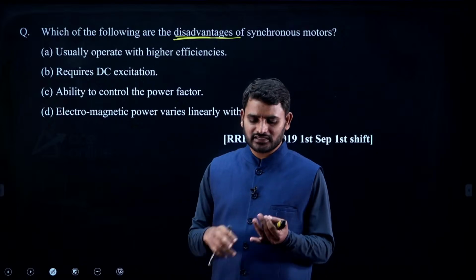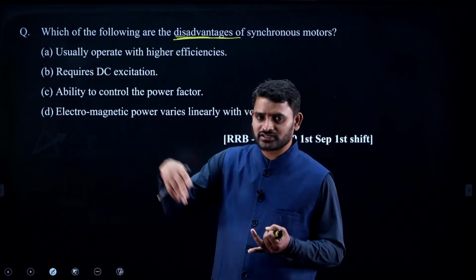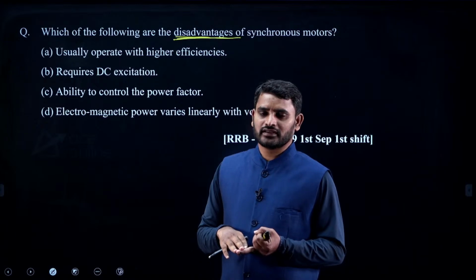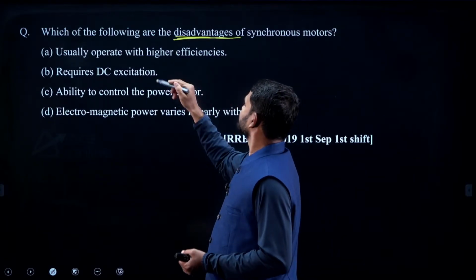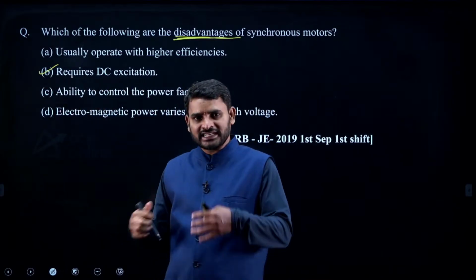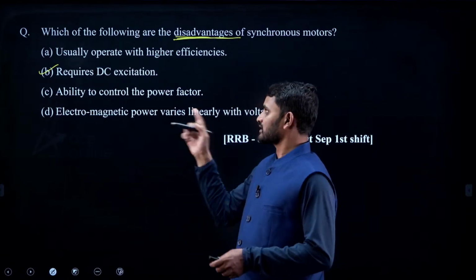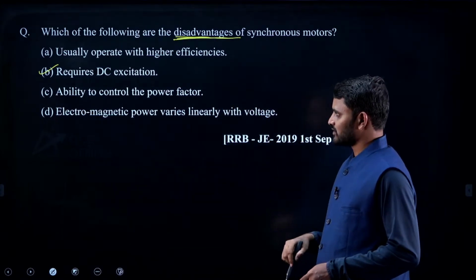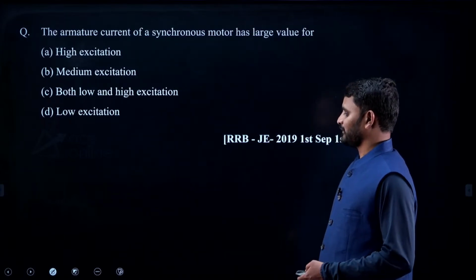What is a disadvantage? It is not a self-starting motor and you require supply to the stator and rotor. So that kind of things are disadvantages. Requires DC excitation, because you are giving supply to the stator already and it requires one more supply. So the best answer here is requires DC excitation. That is a drawback.